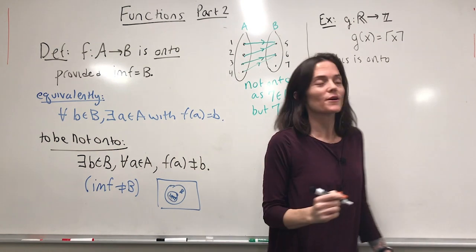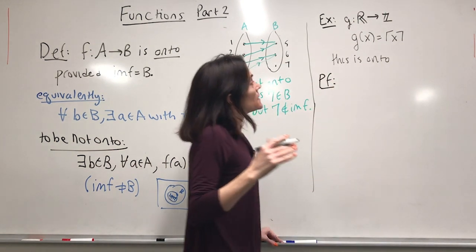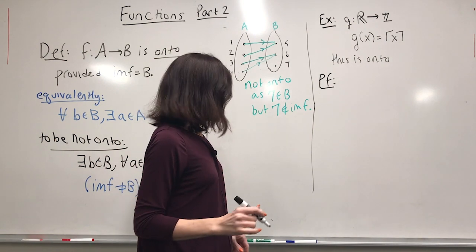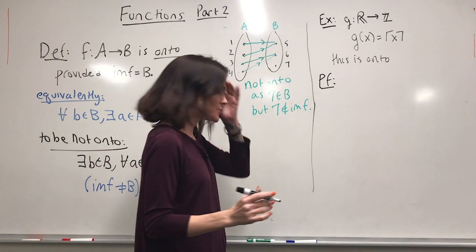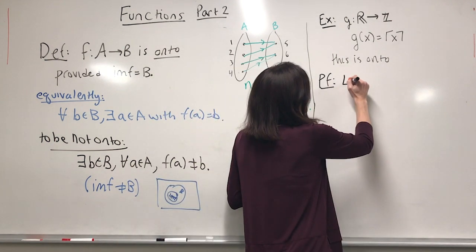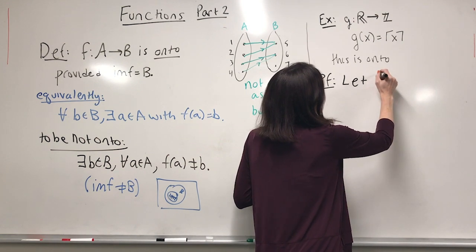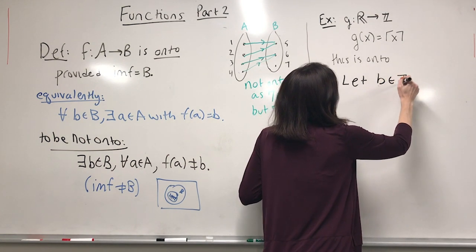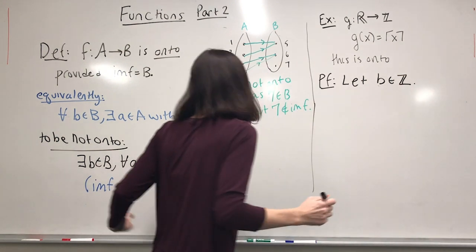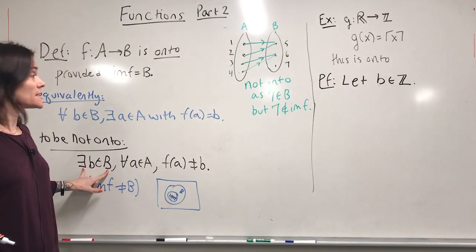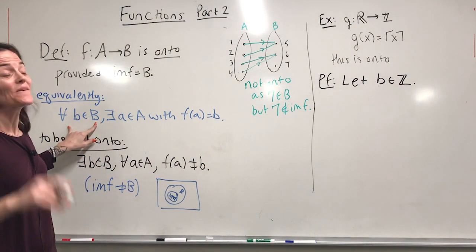This actually isn't that hard to prove, but you always must think about the function. Here comes the question: how do you start a proof of something being onto? Well, you must take an element, I'll call it B, in the codomain. Wait, we're trying to show it's onto.